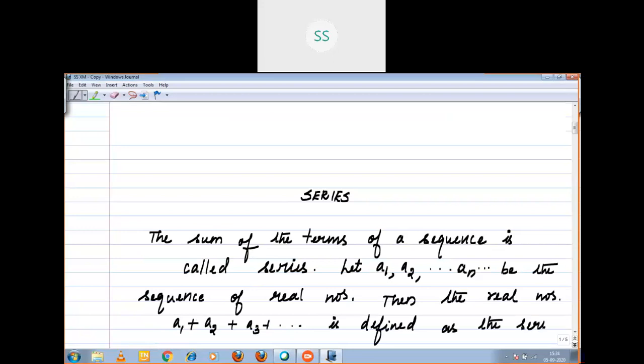Got it, children? If it is finite, the series is finite, we call it a finite series. If it is infinite, we can call it an infinite series. Right?